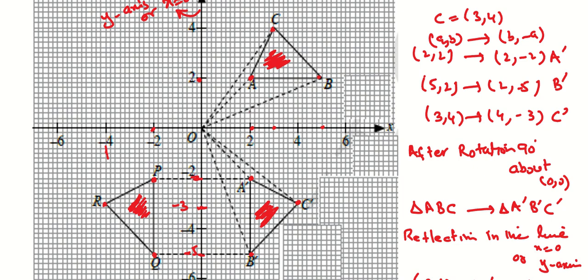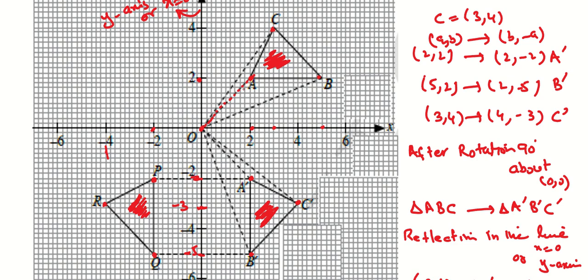Now join the origin, because the rotation is about the origin. So join O to A. These are all dashes.